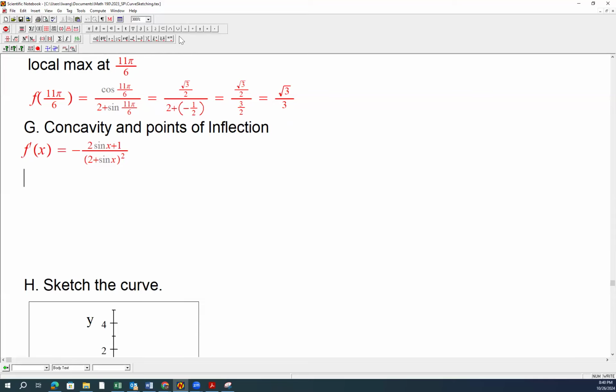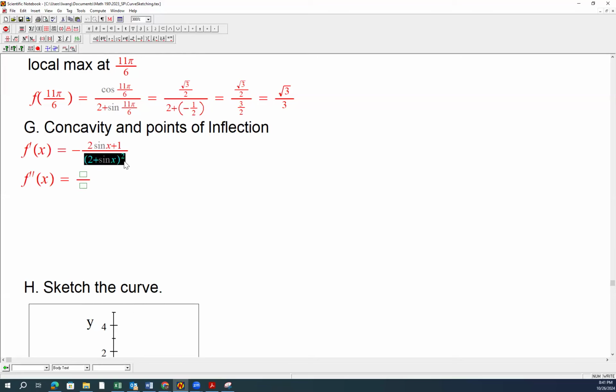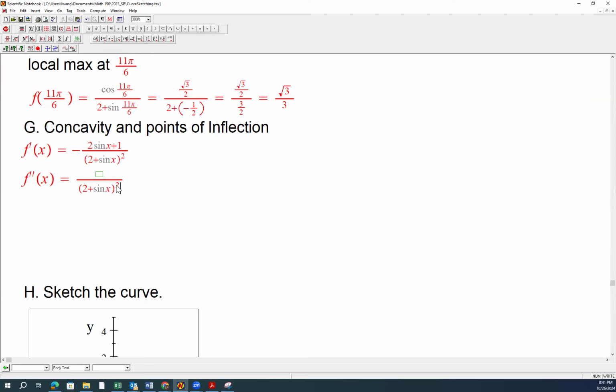The second order derivative equals quotient rule again. So the denominator was here, and then it's going to be power 4. I'm going to leave out the negative sign outside. I'm just taking the derivative of this piece. You guys follow me? So I'm applying the quotient rule with that piece, and the negative sign, just leave it out.